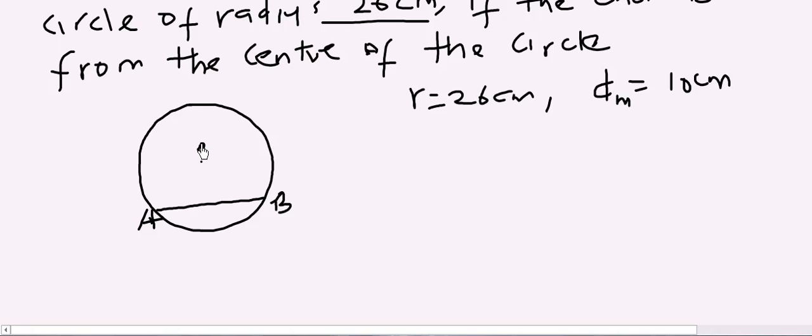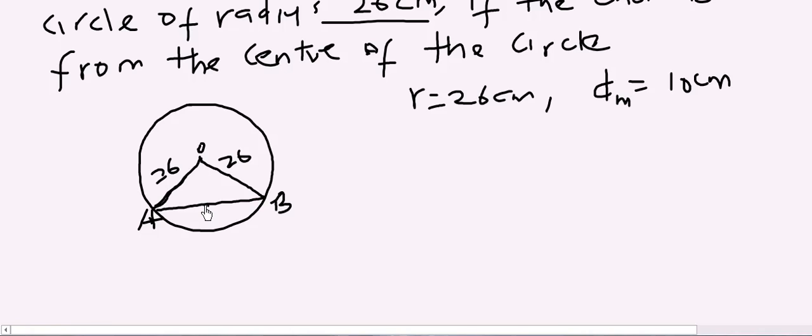The line drawn from the center of the circle here to this point is 26 cm. We draw that line, so this is 26 cm. We are told that the distance of the chord from the center, down to this point, is 10 cm.